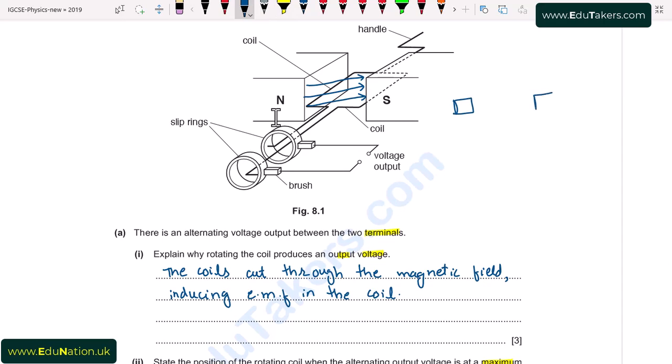This is north and south pole, and the coil is placed inside this magnetic field. So we can see here that the coil is moving perpendicular to the field.